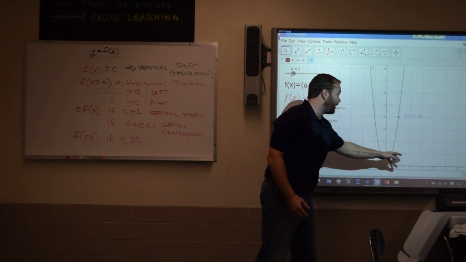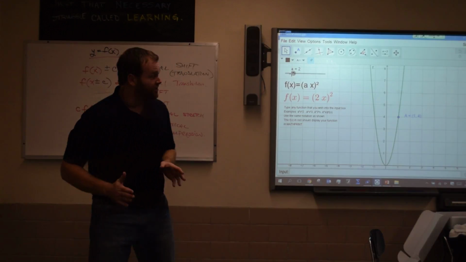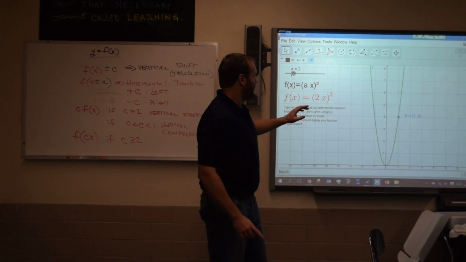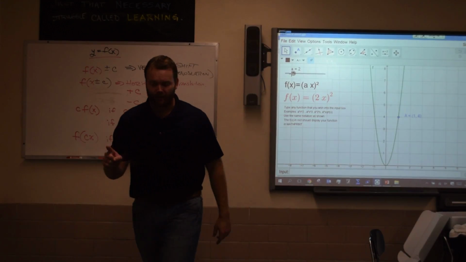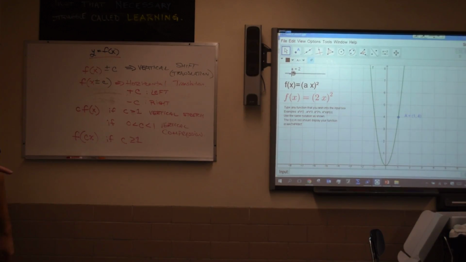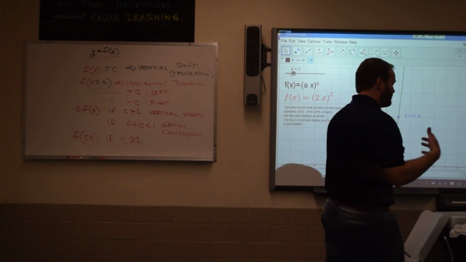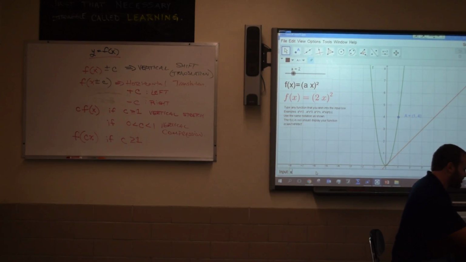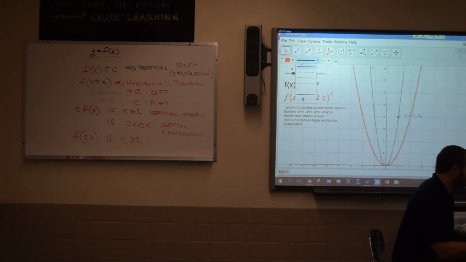So an X value of 1 just gave back a Y value of 4, which normally in the X squared function, an X value of 1 gave me back 1, right? So we see there's some amplification in that Y value. And I'm going to put in the parent function X squared so we can see the comparison. So that's the parent function.